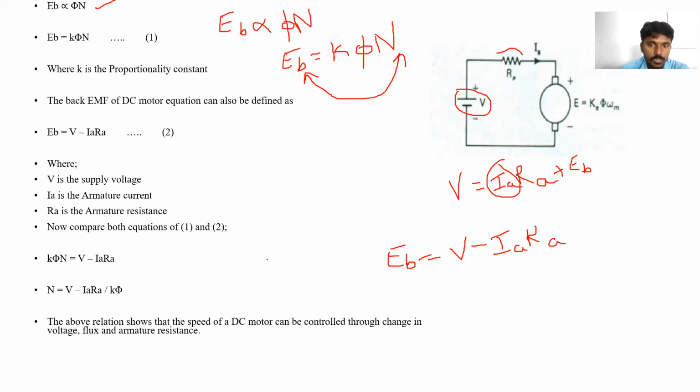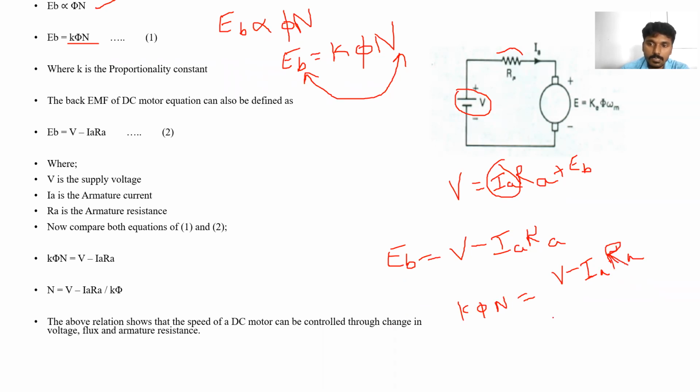So we know the formula EB is equal to V minus IA RA. We also know EB is equal to K phi N. So K phi N is equal to V minus IA RA.